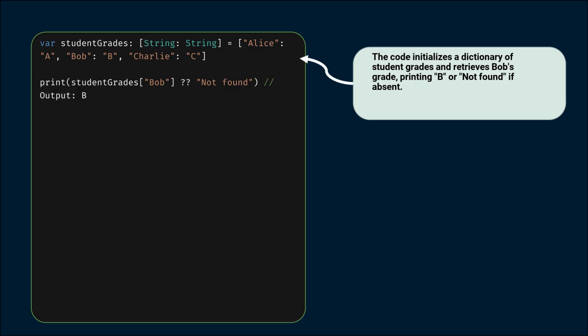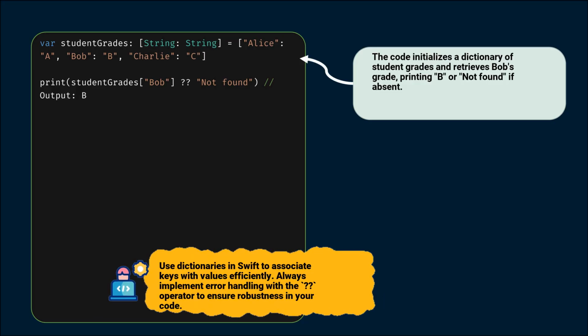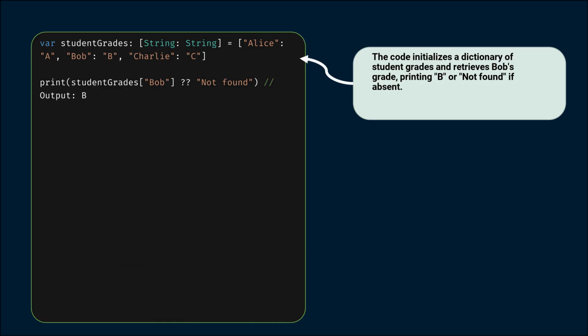By defining student grades, we initialize it with a few entries, such as Alice receiving an A, Bob a B, and Charlie a C. This format allows you to quickly look up any student's grade. To retrieve Bob's grade, we use the dictionary syntax student grades, parentheses, Bob. However, since the information we retrieve could potentially be absent, we incorporate the double dash operator.